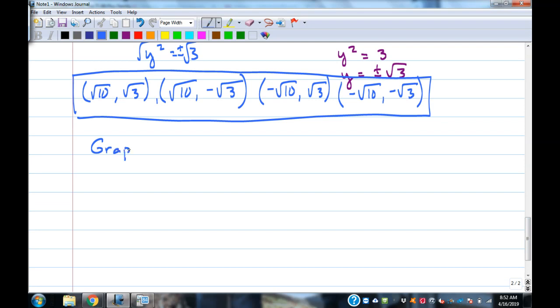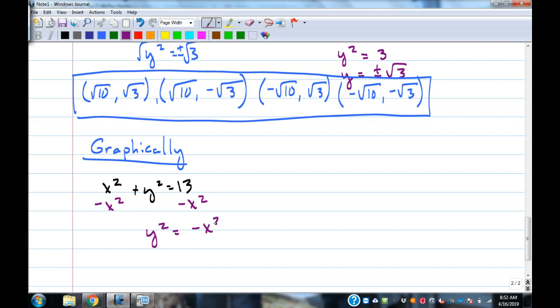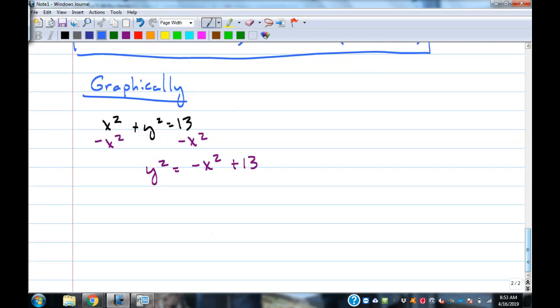Graphically, we've got to get y by itself. So x squared plus y squared equals 13. If we're working to get y by itself, I've got to do what next to get y? I've got to take the square root of both sides. And if I do that, I've got to put plus or minus on there.